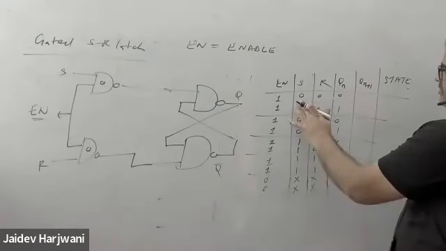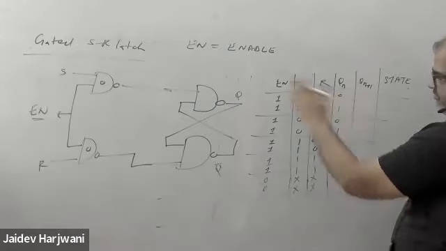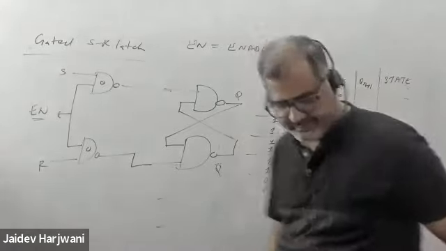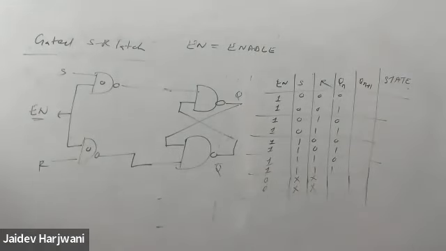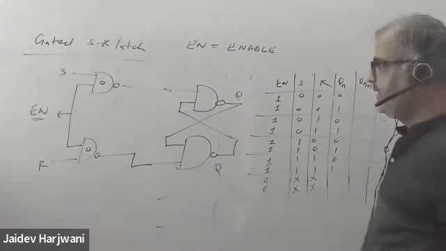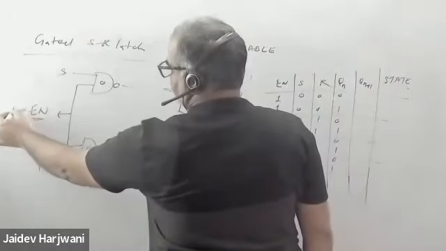So the first case I'm taking is 0 0. Tell me what will come if you take 0 0. What will the state be? Enable 1, S R 0 0. So I'm taking this as 1, and this as 0 0.